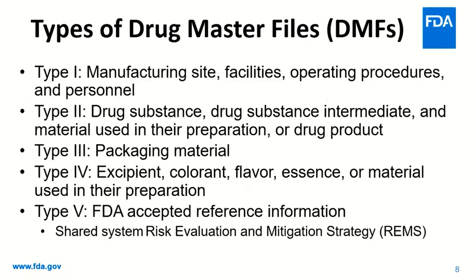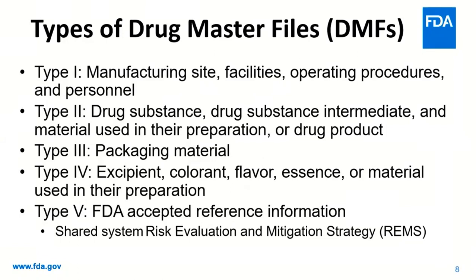Before we dive into model master files, let's take a quick look at different types of drug master files. Drug master file can assume different types. For example, type 1 for manufacturing site, facilities, operating procedures, and personnel.